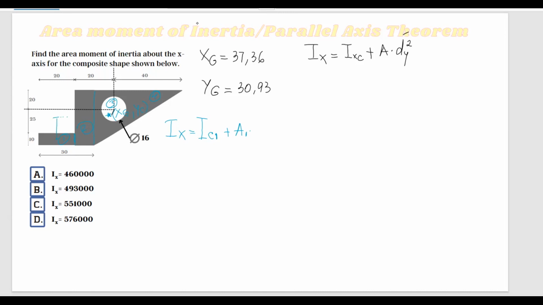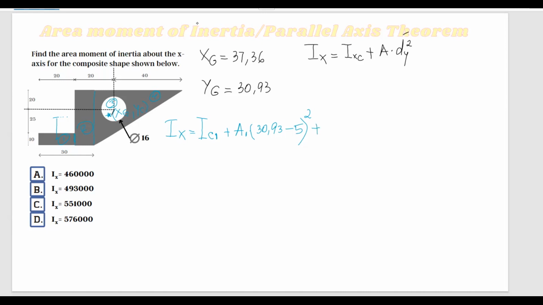So it's this distance over here. And this distance is equal to 3093 minus 5, all squared. So we are done with shape number 1.